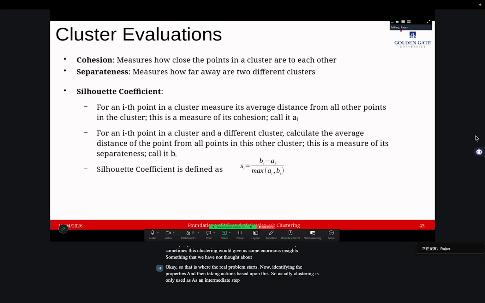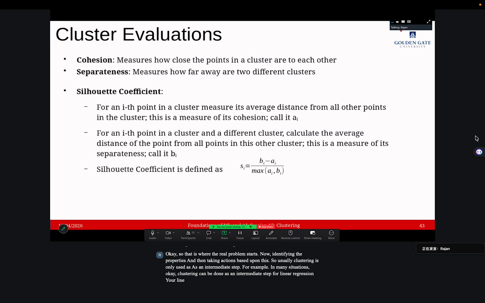For example, in many situations, clustering can be done as an intermediate step for linear regression. Your linear regression problem itself might have, despite all your best efforts, an R squared of only 0.40, 40%.